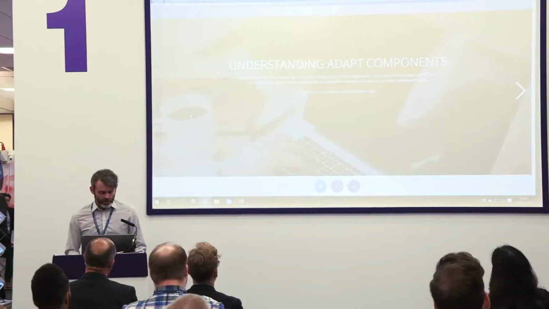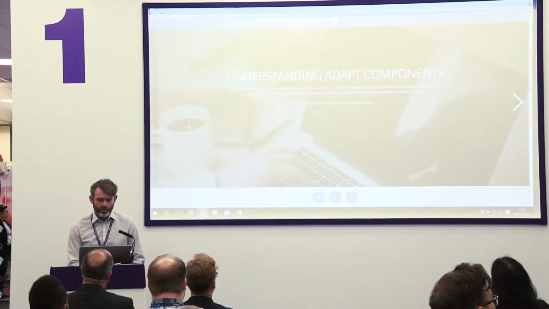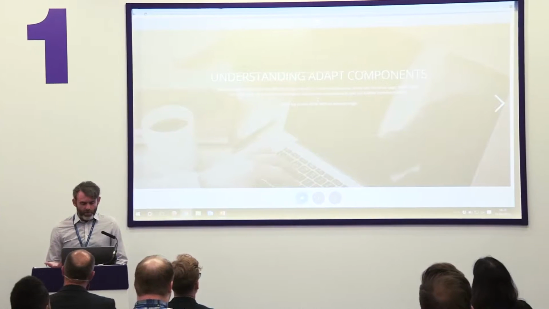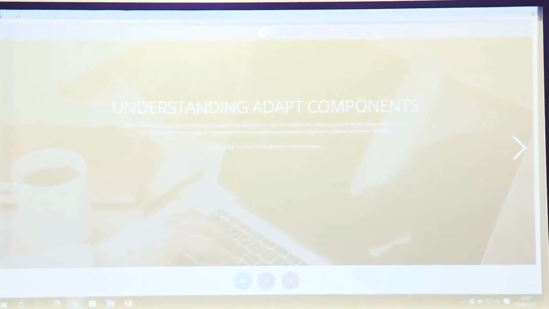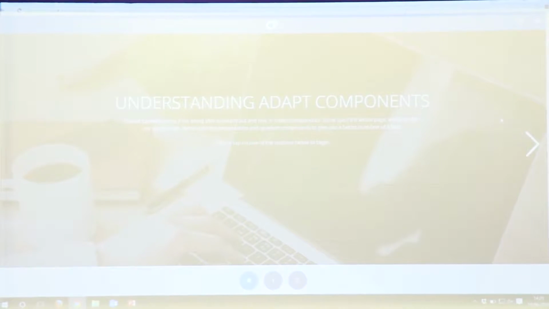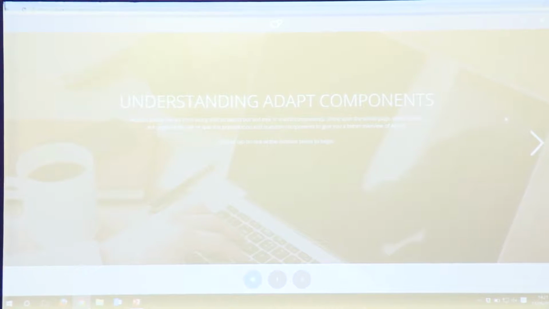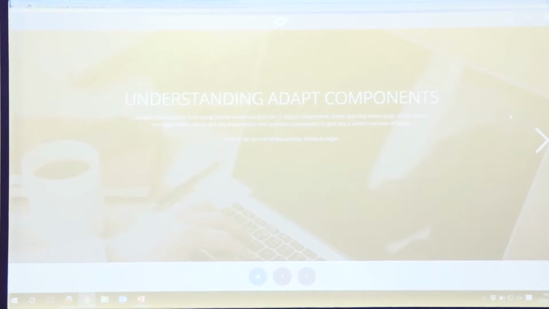And this module is particularly useful, we think, for anyone who's trying to get to grips with the various components that are available. So the first thing that people mention when they use Adapt is how easy it is to use. There are three main aspects that make up an Adapt course. You have the theme, first of all, second, the content, and third, the graphics. So the theme first, so what we mean by that is the overall look and feel of the course.